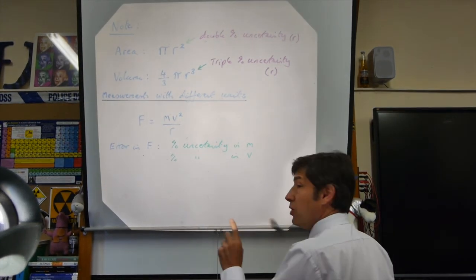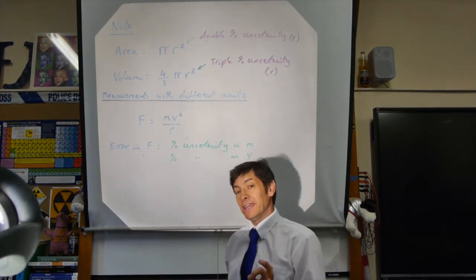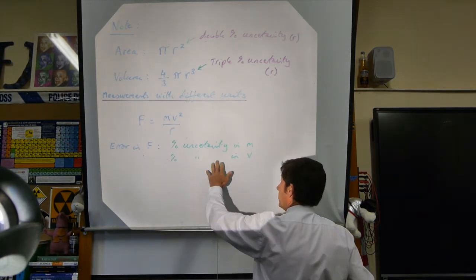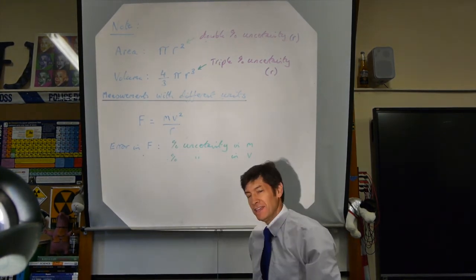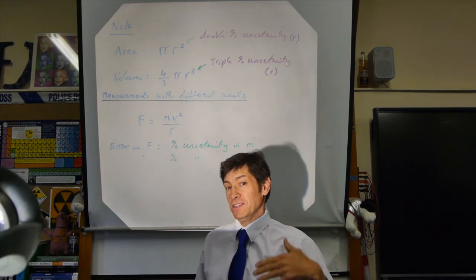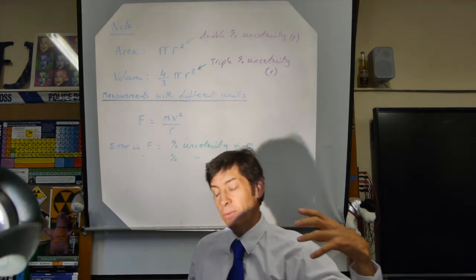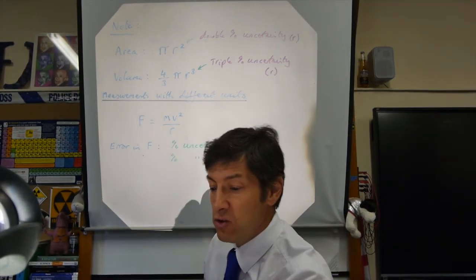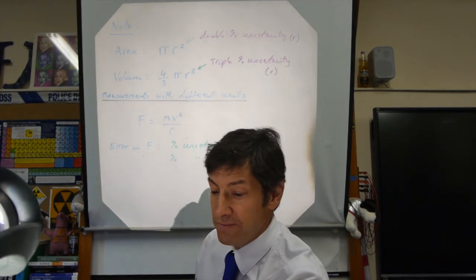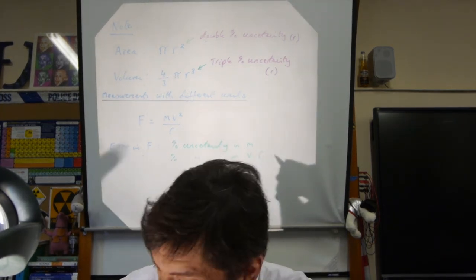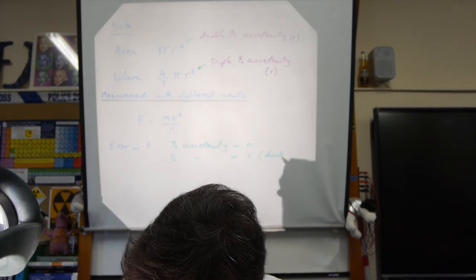Now, that might be got by adding two percentage errors, because remember, a velocity is metres per second, so it's a distance divided by a time. But if you know the uncertainty in V, in this case, because it's V squared, you need to double it.